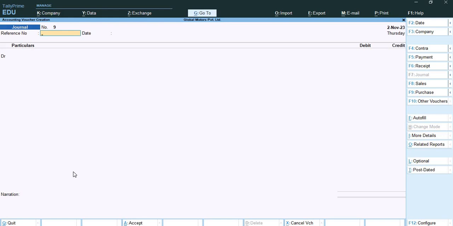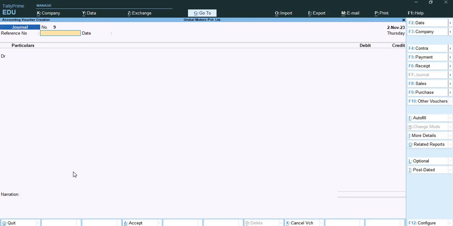Next topic is deducting TDS on payments. This means that when expenses are not booked in a journal or purchase invoice, then while recording the payment voucher we can deduct TDS and make payment of the remaining amount to the party.